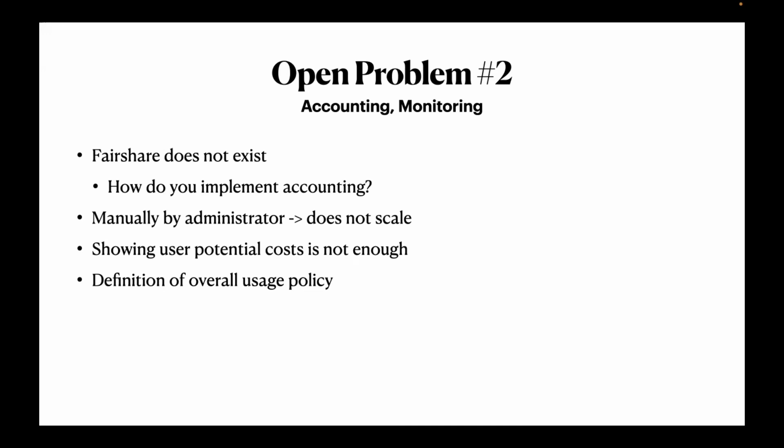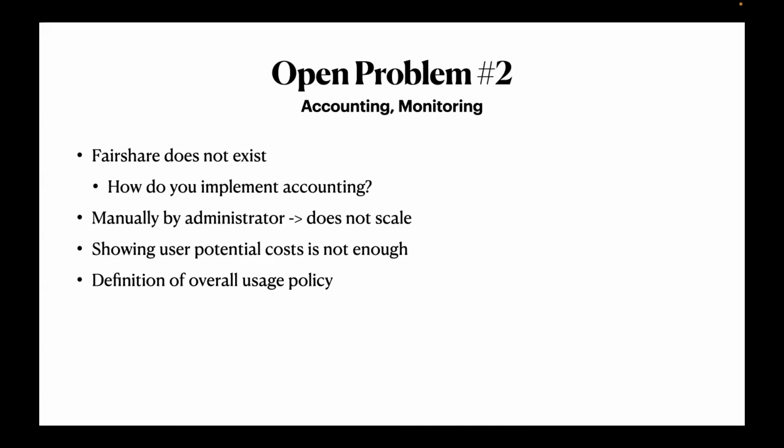From our experience, it is not enough to warn users or show users their request to real usage ratio. It is not even enough to show them how much their computations would cost in, for example, Amazon AWS, because they know that it does not cost them anything. So it's not motivating them to do better.